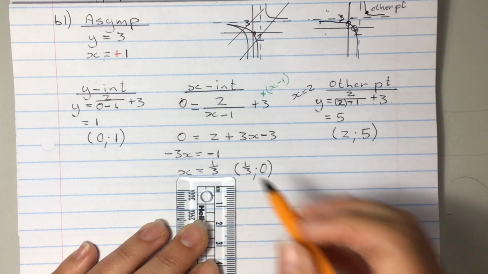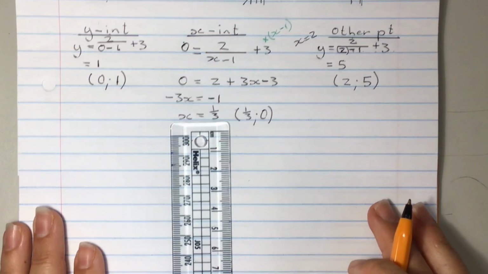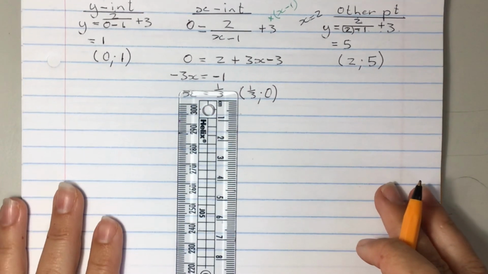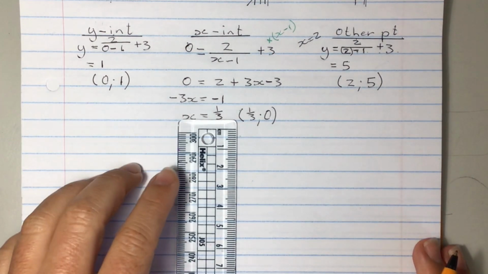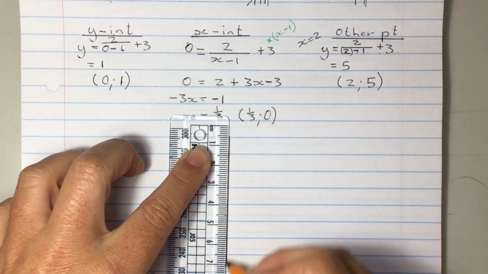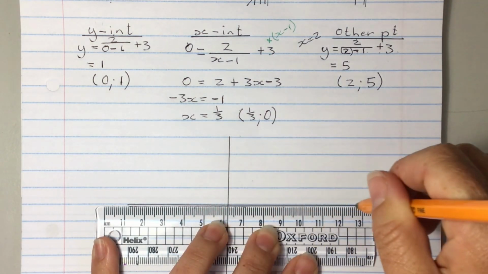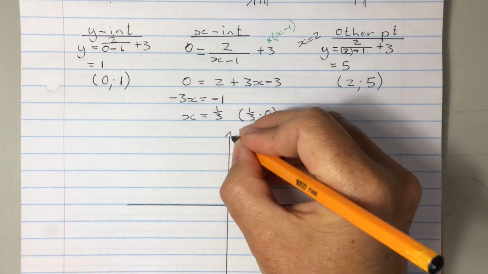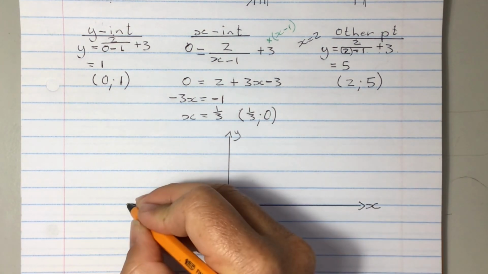So I'm going to squish it in over here. I'm going to just put this here so that we can see my whole graph, right? So I start off with my axes as usual. There's my y, there's my x.